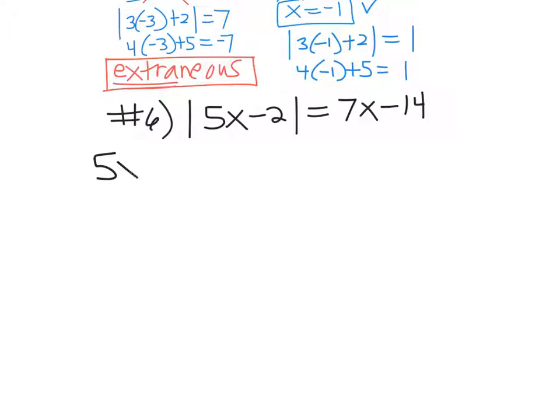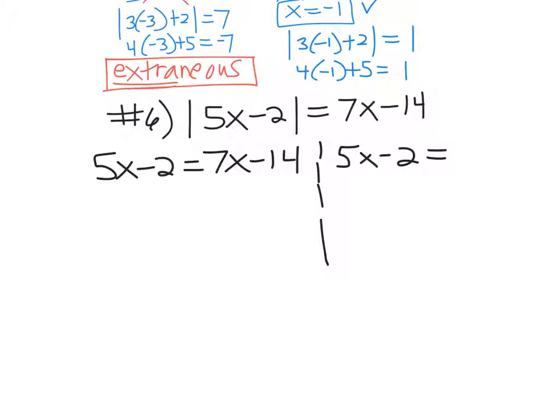We're going to set up 5x minus 2 is equal to the outside, or split it down the middle. 5x minus 2 is equal to the opposite. What's the opposite of 7x minus 14? Good, you did it. Negative 7x plus 14. You got to change both signs.